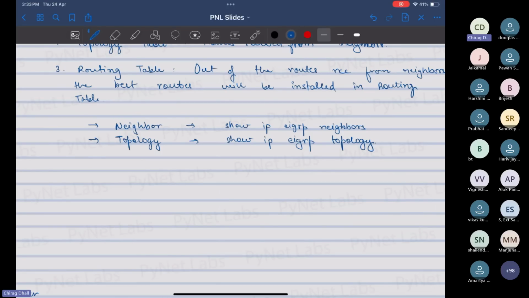And to check routing table, you guys tell me what is the command. To check routing table, what command do we use? Show ip route.